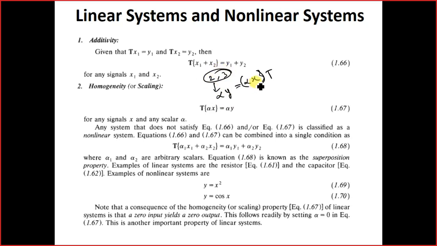So if you give an input x multiplied by alpha, then you should get y also multiplied by alpha. Let us take the case of this inverting amplifier itself.